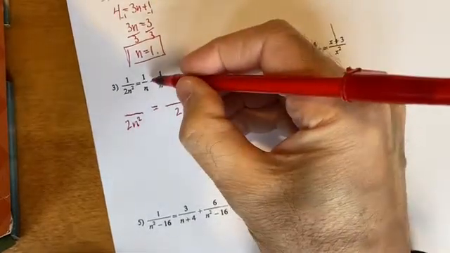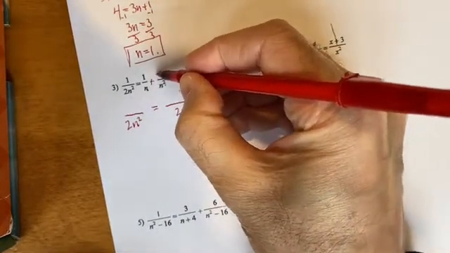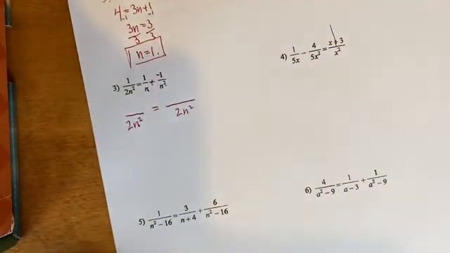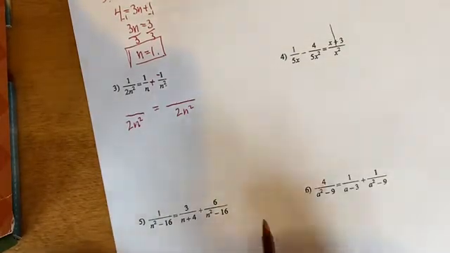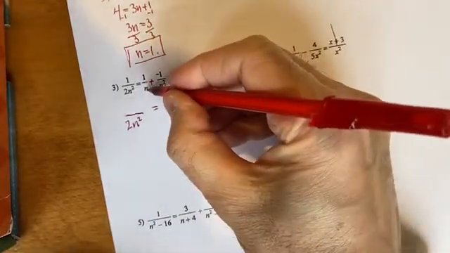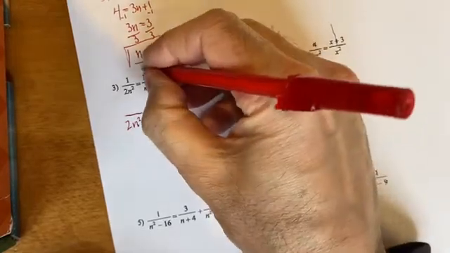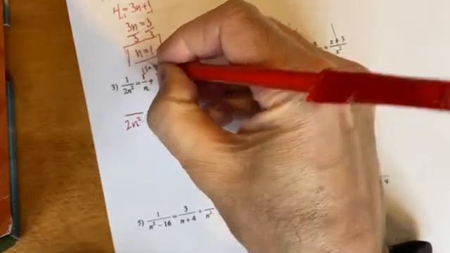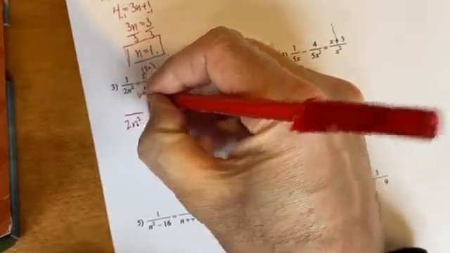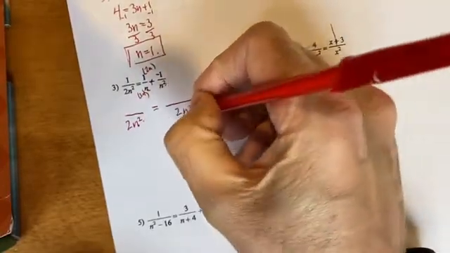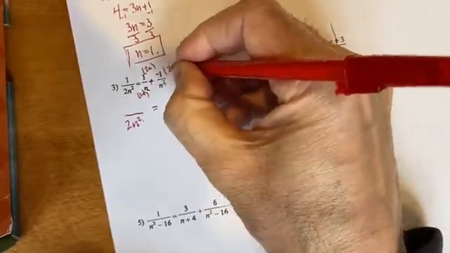Now remember, when you're subtracting, change it to addition. That'll keep things from going badly. To get this denominator to be 2n squared, you multiply the top and the bottom by 2n. And to get this denominator to be 2n squared, you multiply the top and the bottom by 2.